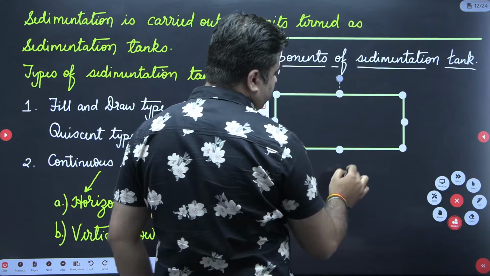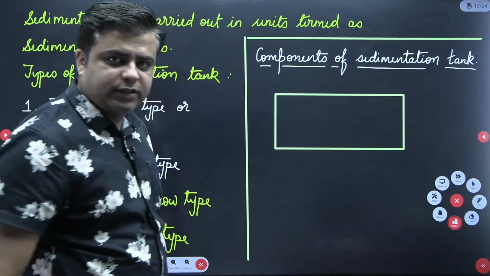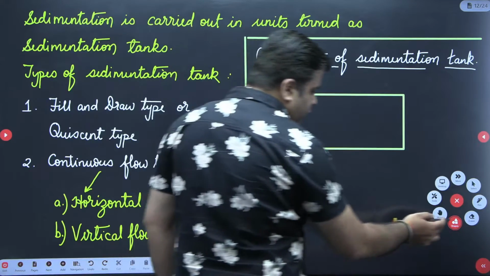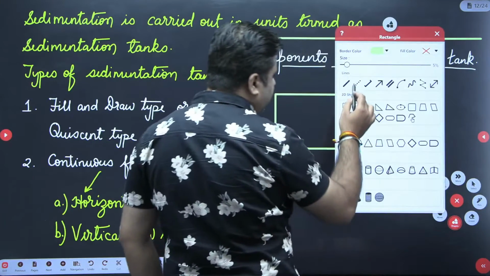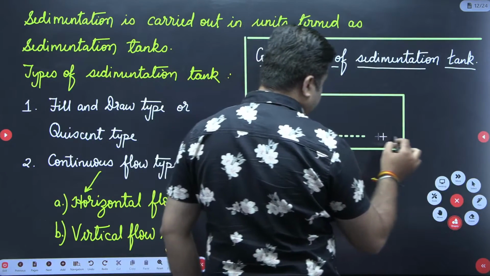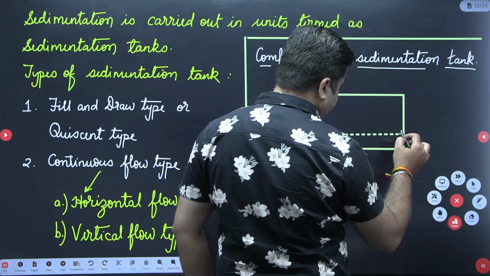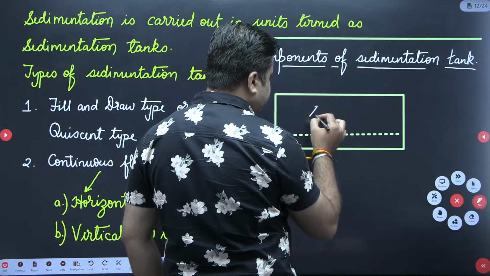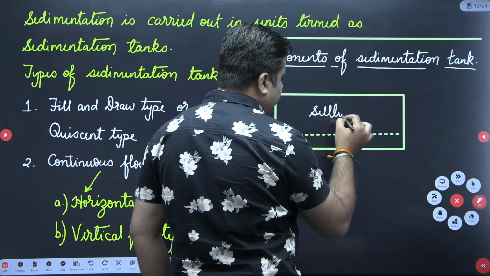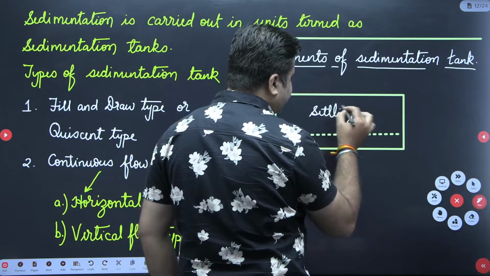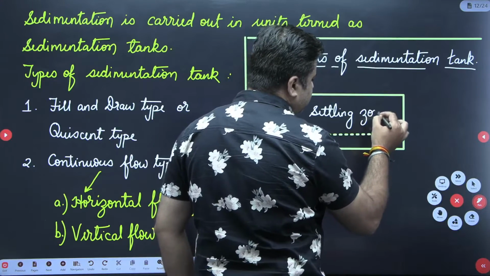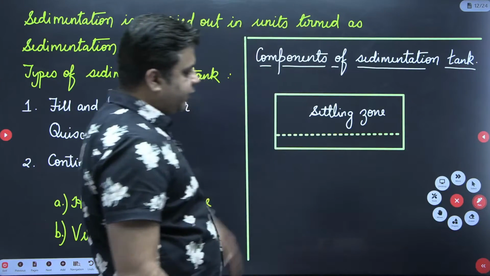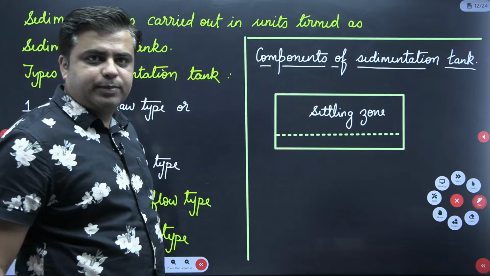So this is my normal tank, okay? For this normal tank, there are two partitions. This upper partition is known as the settling zone, where the settling of the particle takes place.